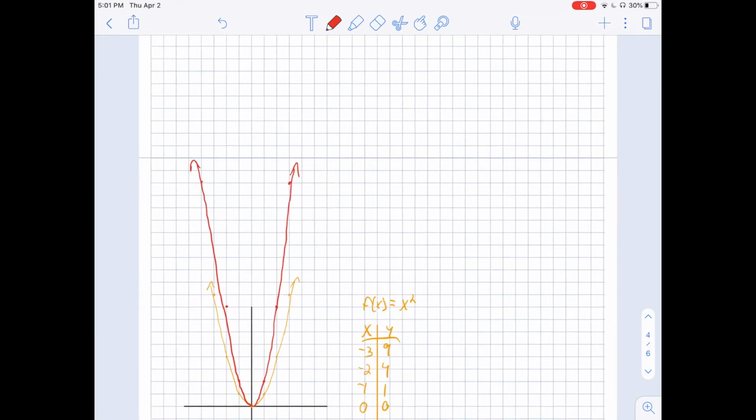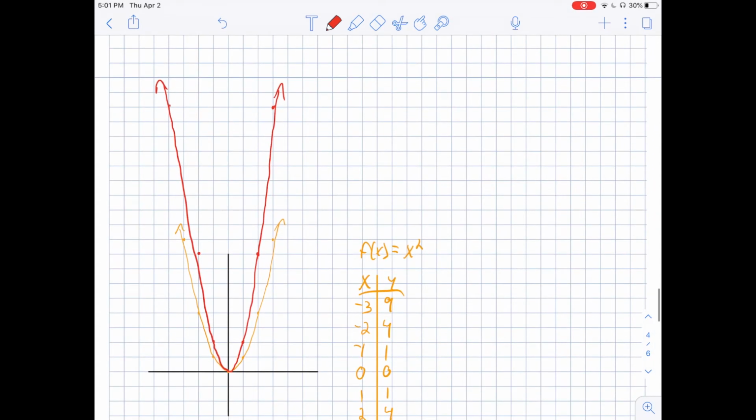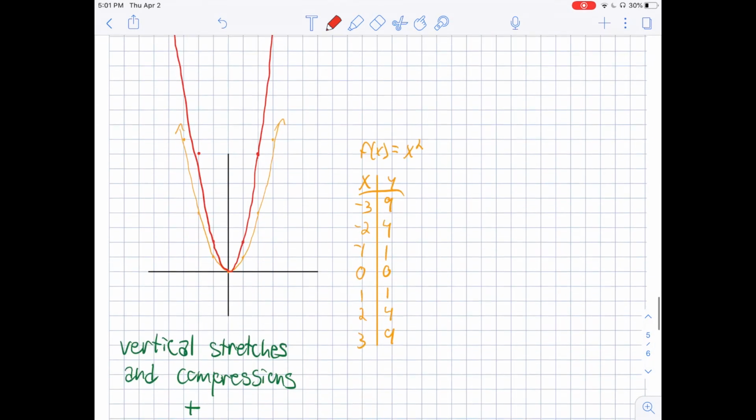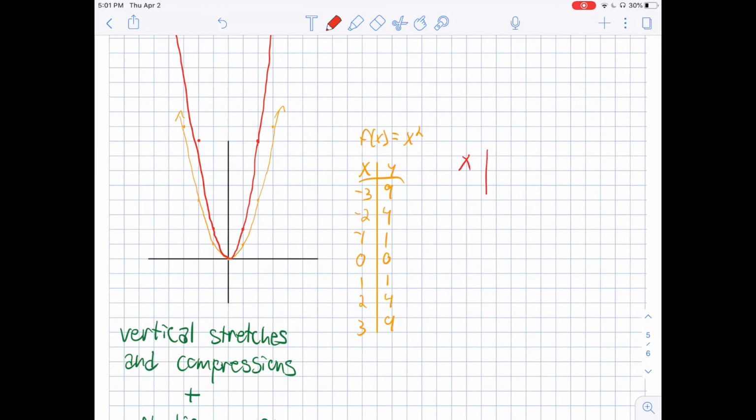So just like before, all we did was we took our y values, and instead of adding or subtracting to them, we multiplied them this time. So 9 is now 18. We have 8, 2, 0, 2, 8, and 18. But we didn't change any of our x values.